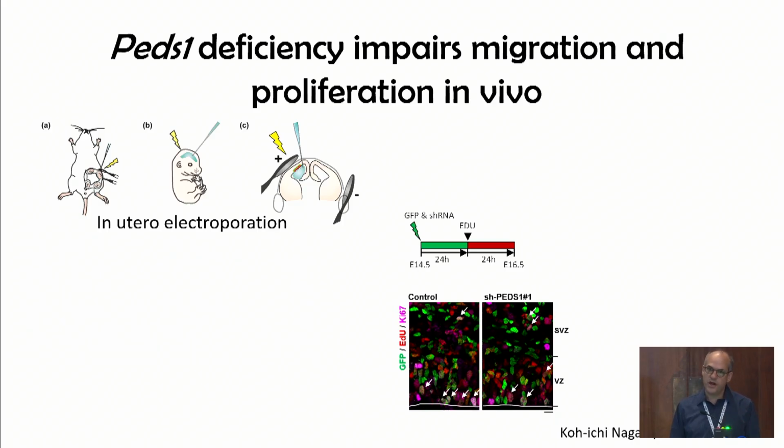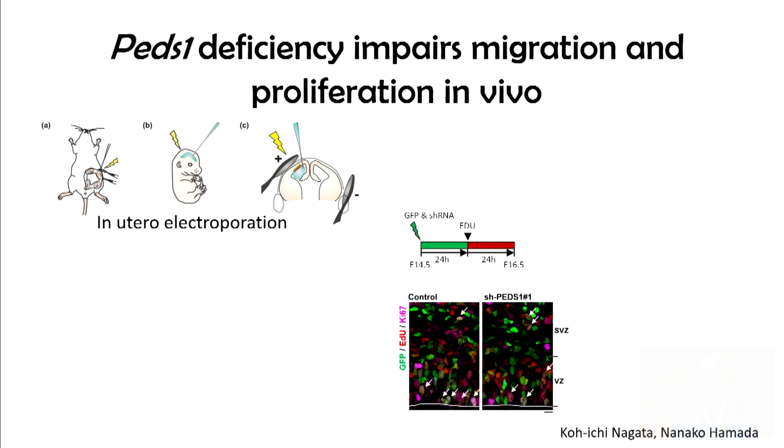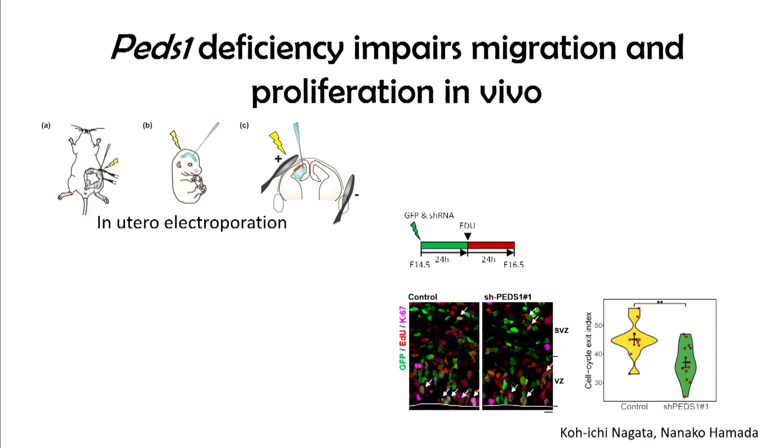So we compare those cells that were proliferating and are still proliferating, labeled still with Ki67, and those that exit the cell cycle and don't have the label of Ki67, and we compare controls to shRNA against PEDS1. And we see a significant effect, meaning that the cells with knockdown of PEDS1 exit the cell cycle much faster, meaning they are probably differentiating faster, which is similar to what we saw in vitro.